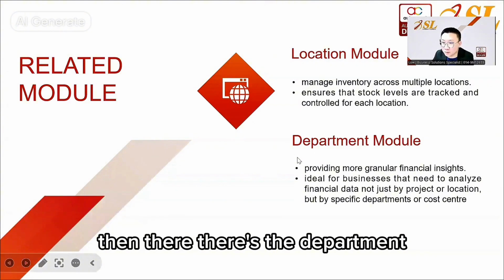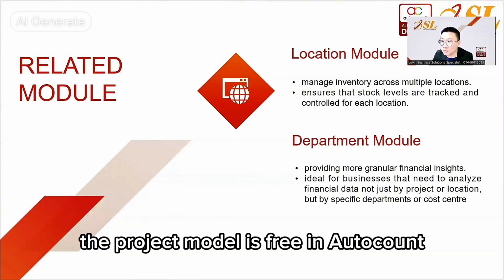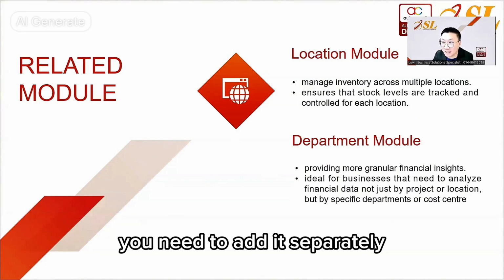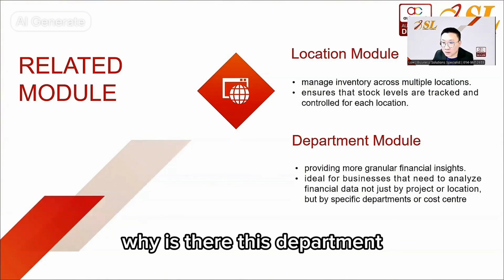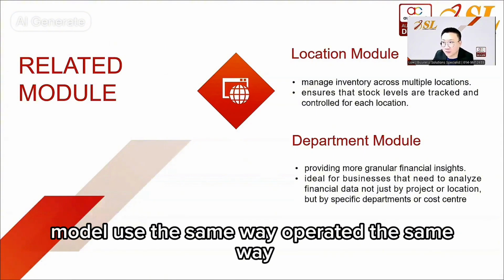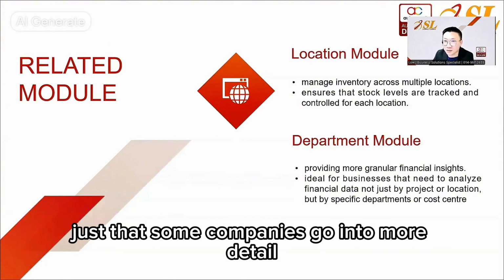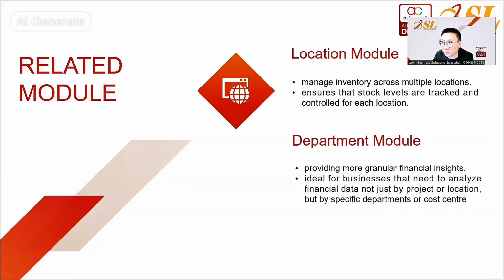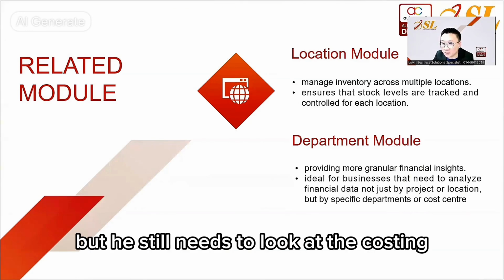Then there's the department. The project module is free in AutoCount, but for the department module, you need to add it separately. Why is there this department? Actually, the department module is the same as the project module, used the same way, operated the same way, just that some companies go into more detail. Earlier we had a batch of departments and a batch of projects typed in, but he still needs to look at the costing of the department.